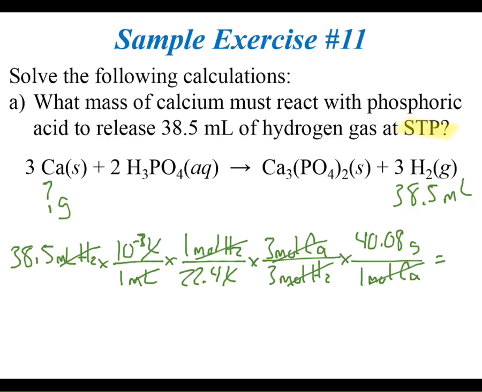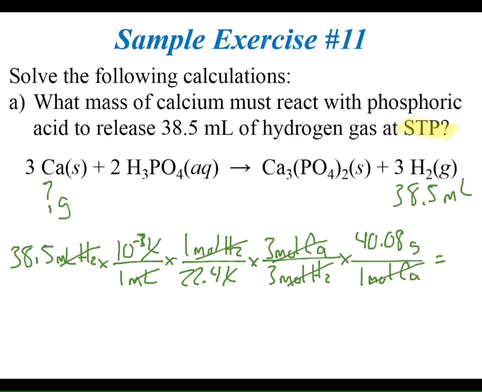So let's try that in our calculators. Tell me what you get. Looks like 3 sig figs. 0.069?